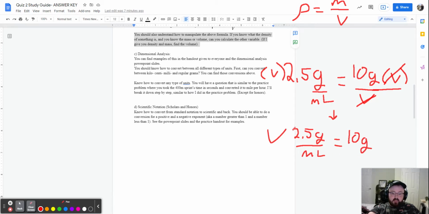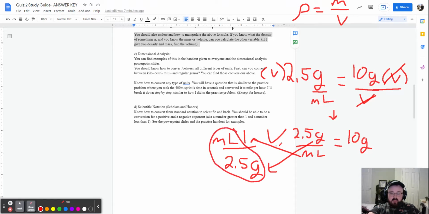Now to get rid of this whole thing, you divide by 2.5 grams per milliliter, which means you're multiplying by the inverse of it. 2.5 on top, you put 2.5 on bottom. The grams goes over here, the milliliters goes up here. So you see how this is the inverse of this. They are opposites.